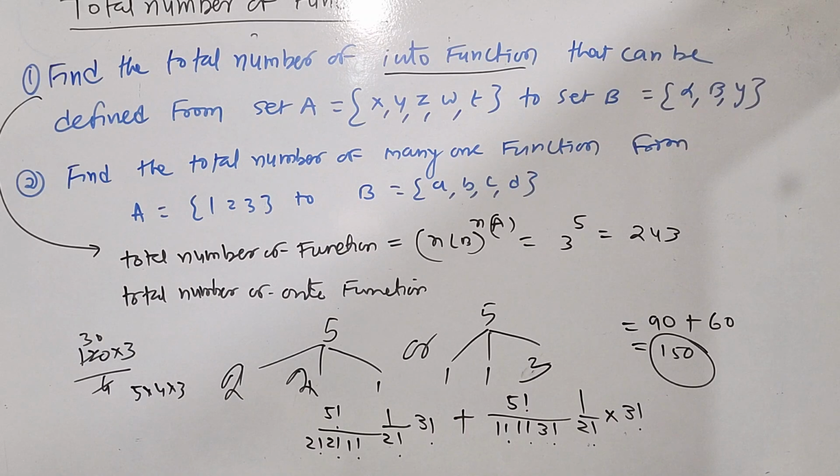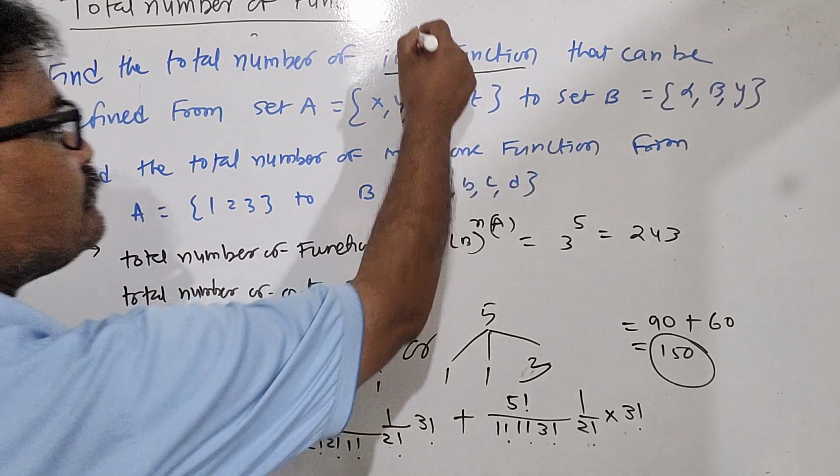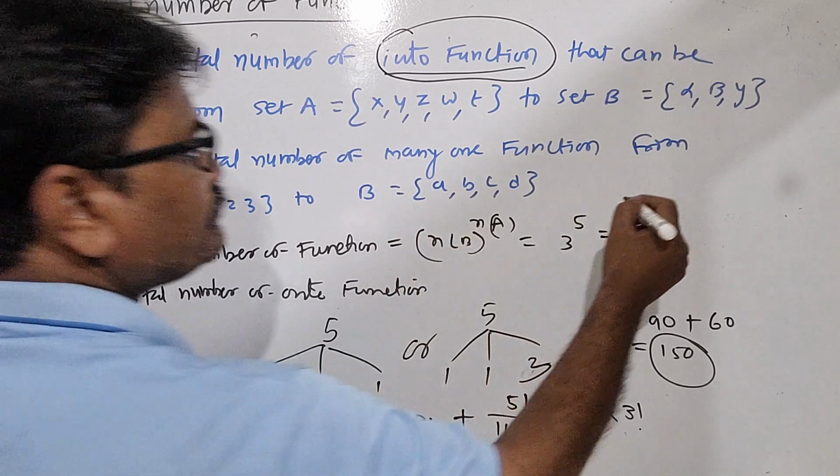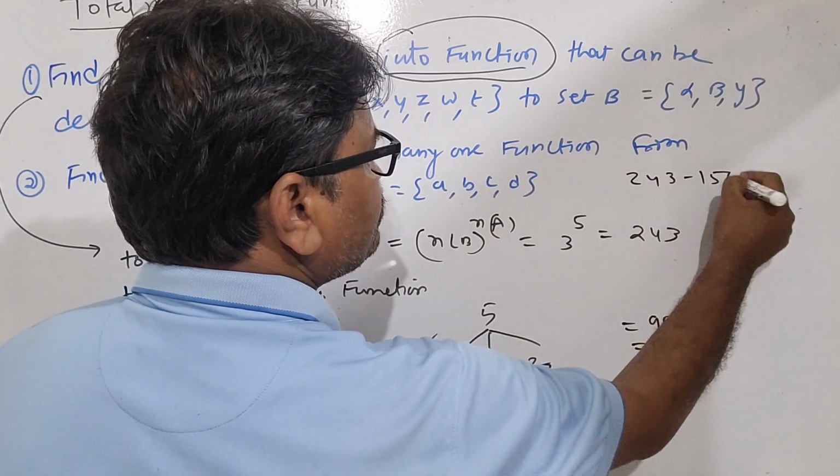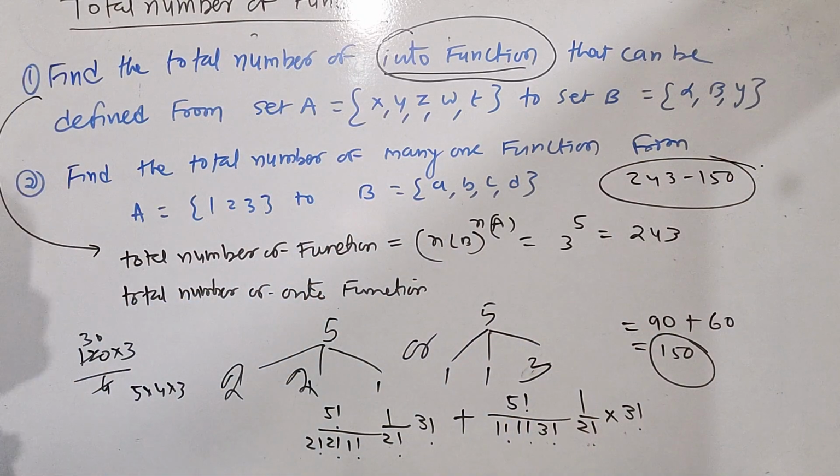So the total number of onto functions is 150. I want to find the total number of into functions, and that is equal to 243 minus 150. That will be your answer.